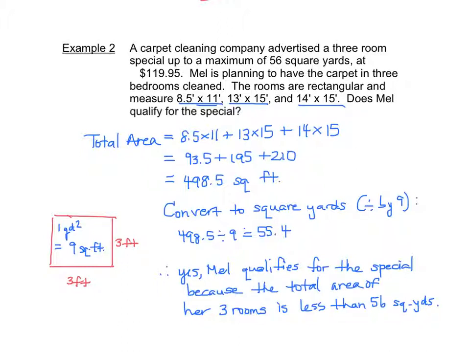So in this example, we chose to find the area in square feet first, and then converted the square feet into square yards. An alternative would be to have converted the dimensions of the rooms into yards first and then find the area. And I'm going to use that type of approach with the next example to show you the alternative.